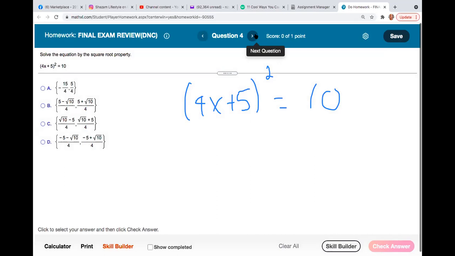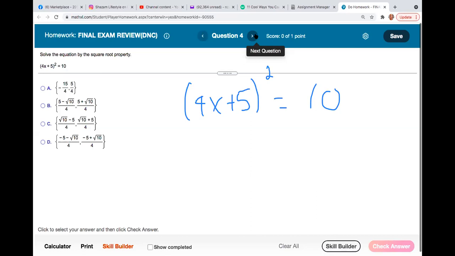Worst case scenario, you get stuck, then yes, use the quadratic formula. Remember, this one is saying use the square root property because at some point you're going to have to take the square root so you can get rid of that exponent there. You're doing the inverse of the square to get rid of it, guys, okay?